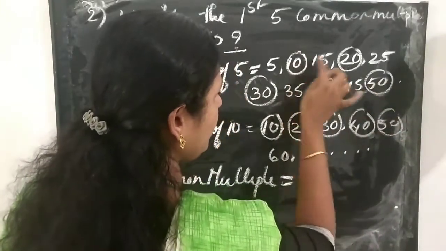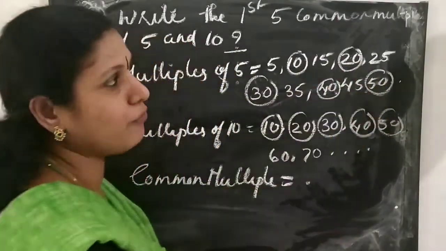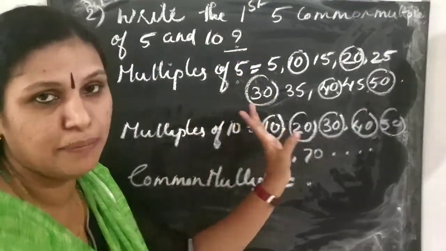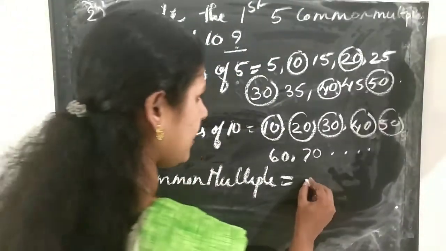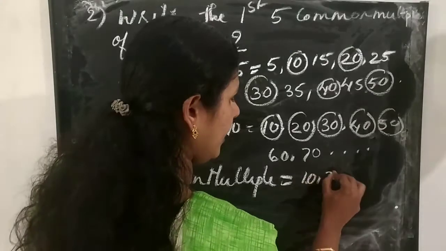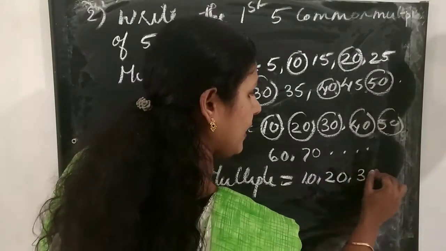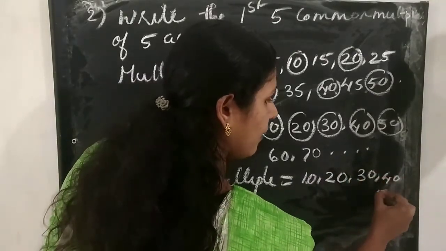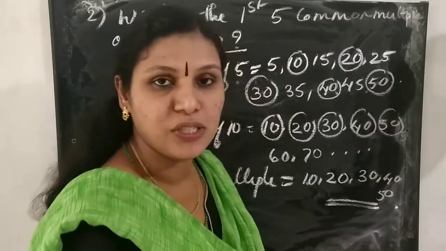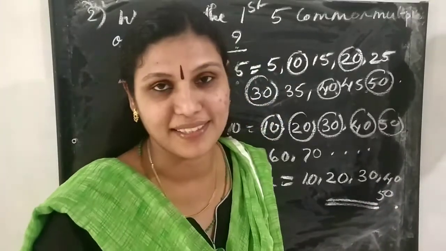So 1, 2, 3, 4, 5: we get the first 5 common multiples, which are 10, 20, 30, 40 and 50. Understood how to find the common multiples?